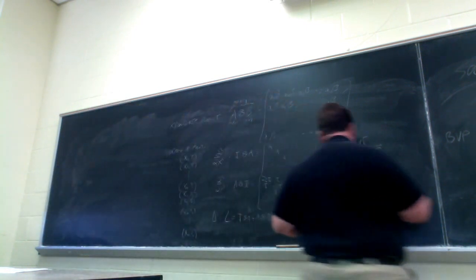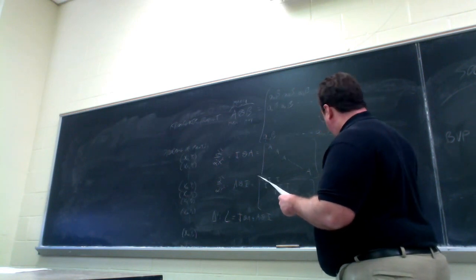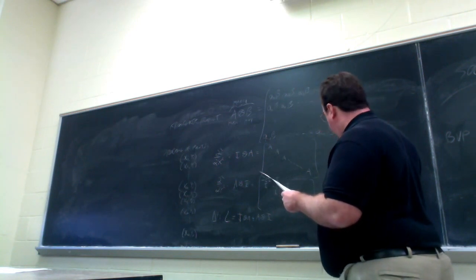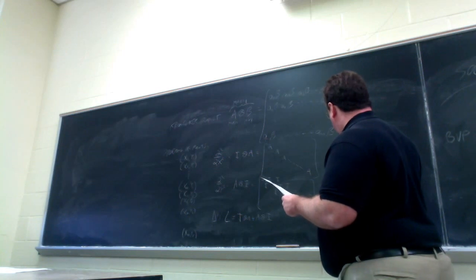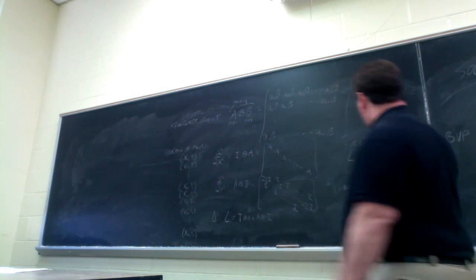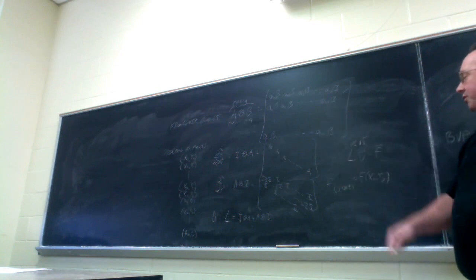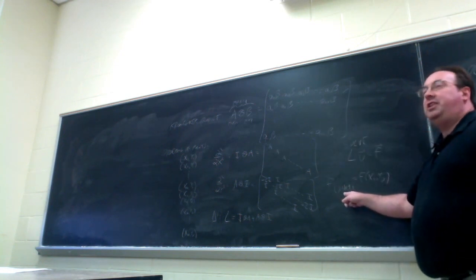And then F is defined as follows. If I evaluate F at x sub i, y sub j, based on how I've ordered the points over there, this is the index where we need to go.